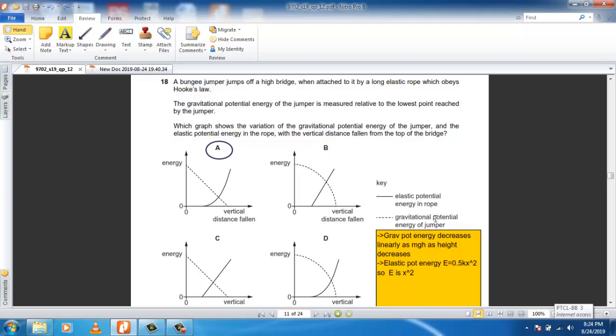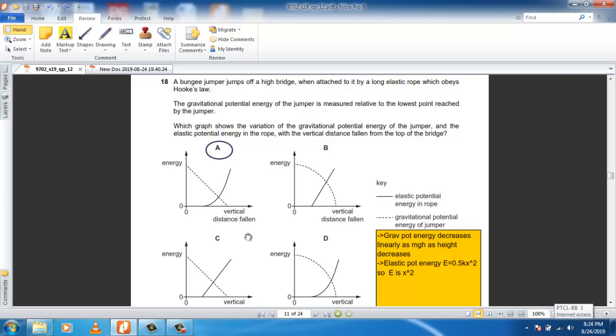So he is falling from a height downwards, so potential energy is being decreased and kinetic energy is being gained.